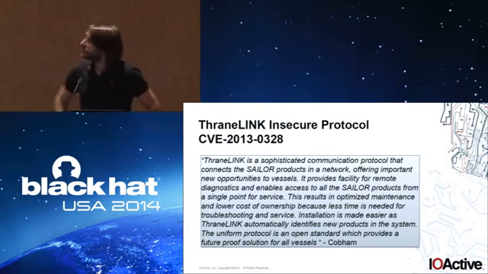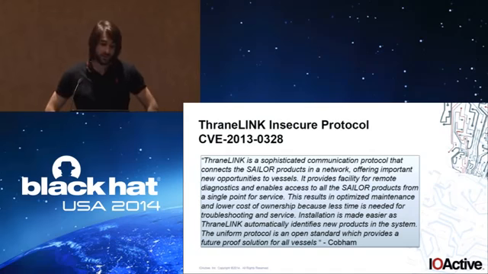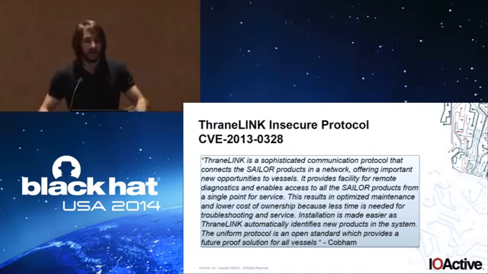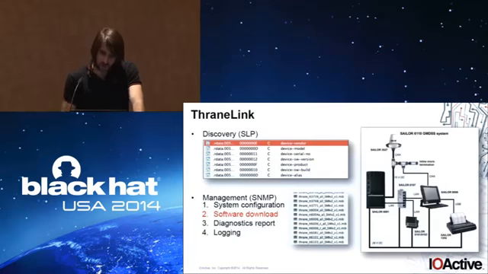Well, the Sailor products are also developed by Cobham, and they connect through TrainLink, which is a sophisticated communication protocol that connects the cellular product in a network. So obviously, we have to know how that works, and basically it's two main parts.